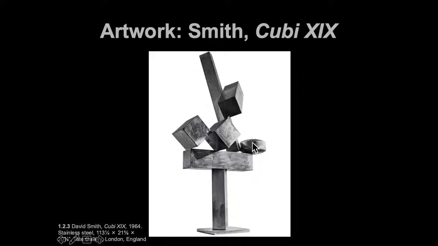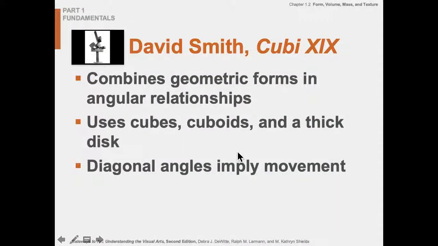There's all kinds of joints here that you can't really see very well, but he welded these boxes up, and this other interesting form here that's sort of halfway between a sphere and a flat shape. So he's combining these geometric forms, he's using cubes and so on. Thick disk, I guess, is the best way to describe that.